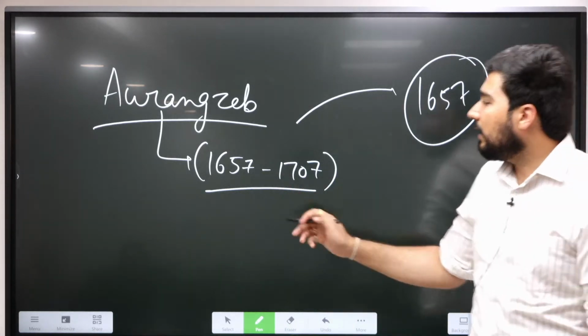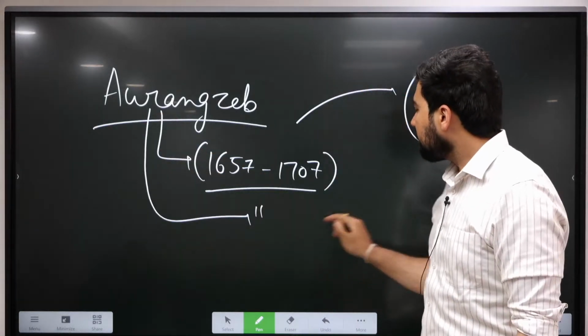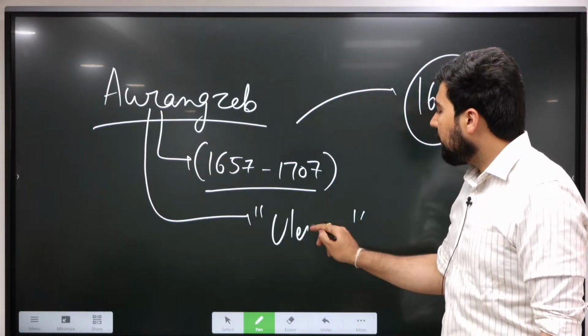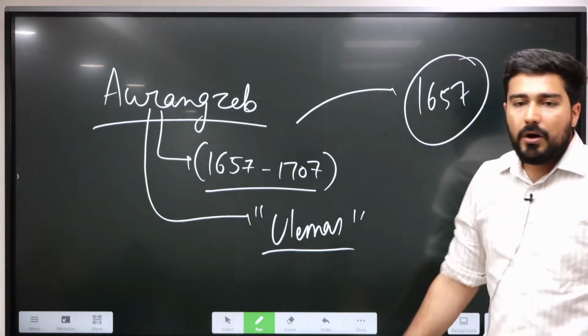And for that, eventually, it took the support of the religious class, which was the ulamas.